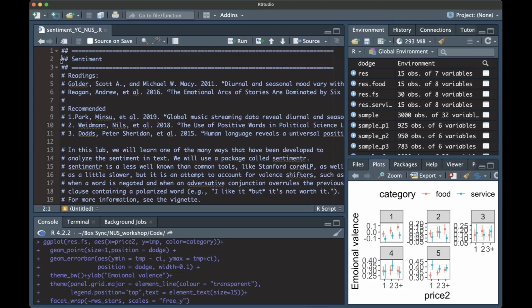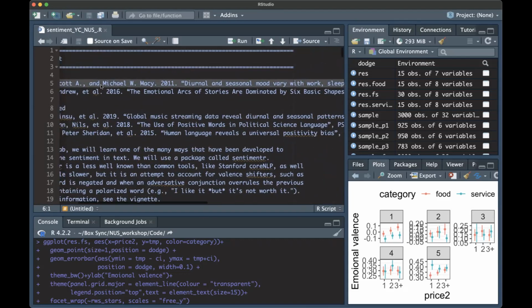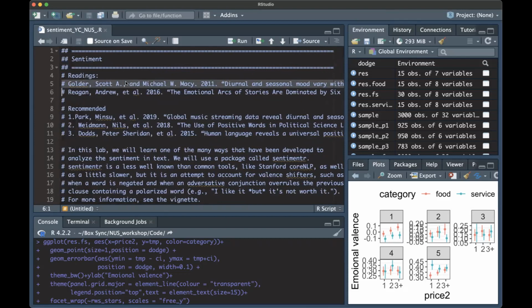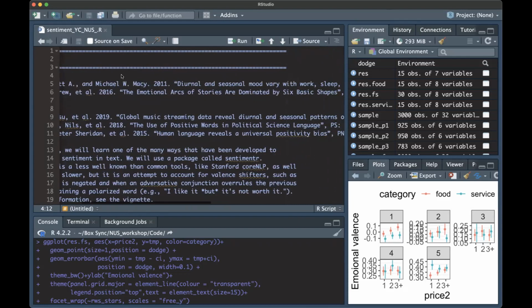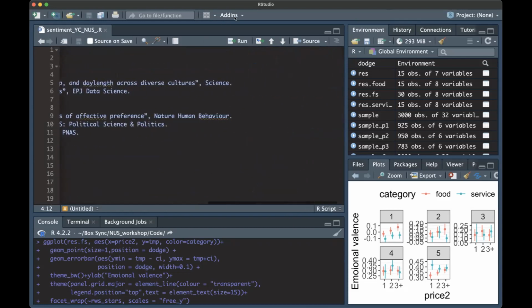The RStudio. Okay. So these are just some readings I find very helpful, especially this one published in 2011. I think it's a very short but important work in text analysis.